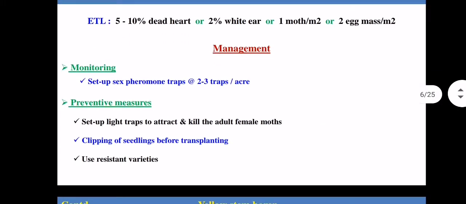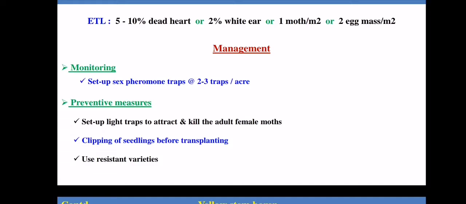For monitoring purposes, you can set up the sex pheromone trap. There are a number of traps you can use for observation or monitoring of the yellow stem borer. You can set up the sex pheromone trap at the rate of 2 to 3 traps per acre. In the preventive measures, you can set up a light trap.